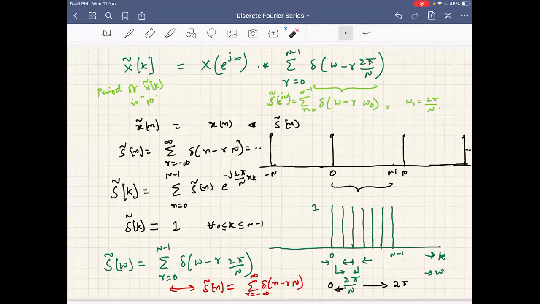Please note that initially you had x tilde of k, which is an N sequence.